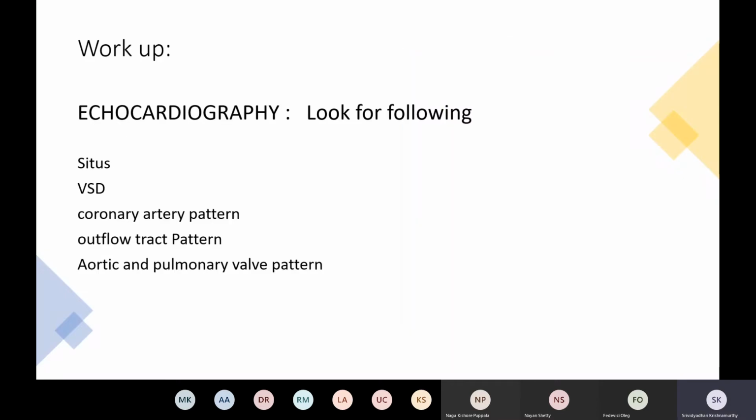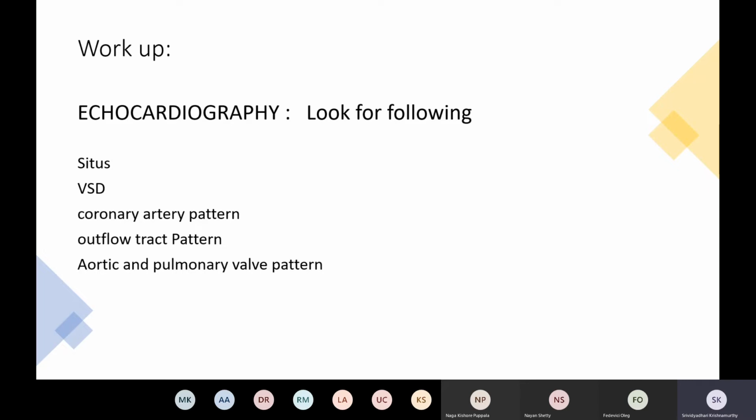Moving further to echo. What are we looking for when we're doing echocardiography on these children? As I said in my talk earlier, TGA is associated with heterotaxy syndrome and problems with the situs, so we look at the situs when we're doing the echo.